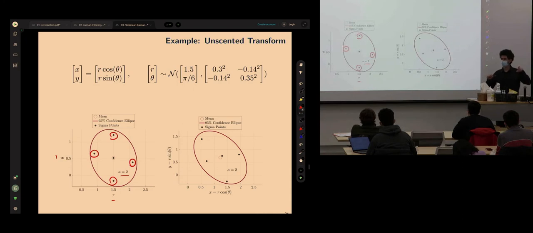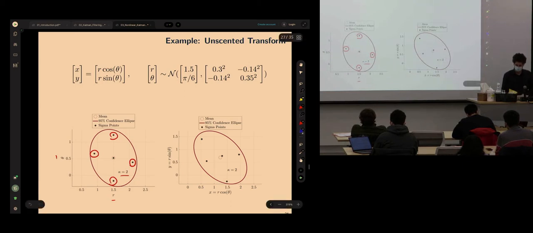Select a bunch of points around this ellipsoid, send this shape through the nonlinear map, see what happens on the other side, and then use that shape to approximate the Gaussian. Previously, in the extended Kalman filter, we were just working with the mean. So intuitively, you can expect this method to be at least slightly better. Sounds like a better idea.